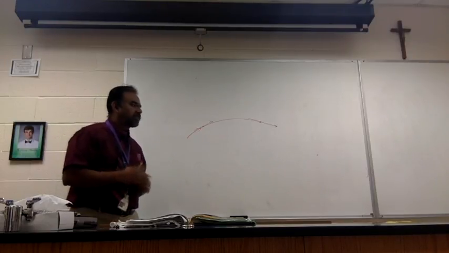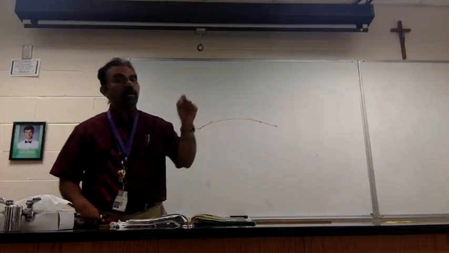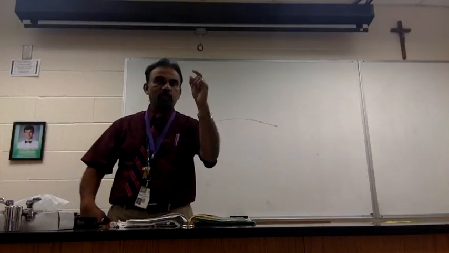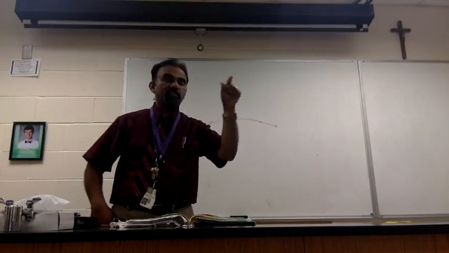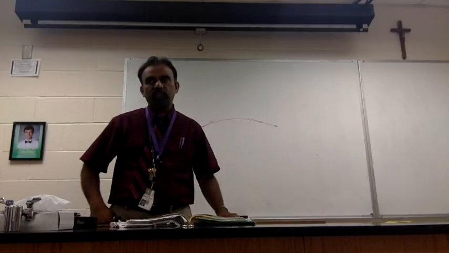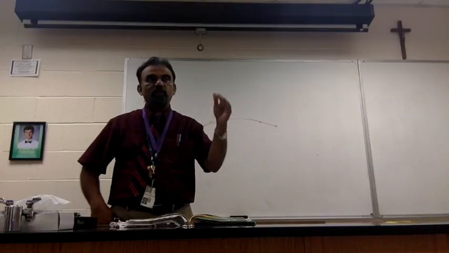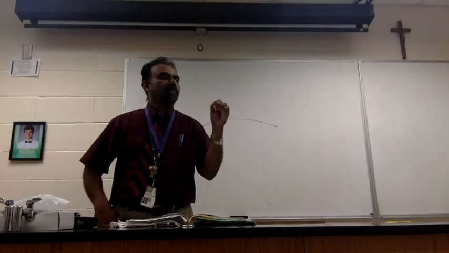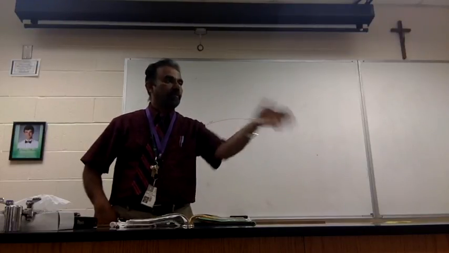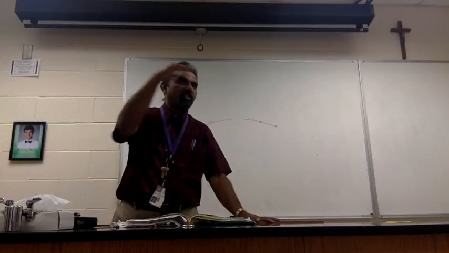And so the tangent to a point on a field line will tell you exactly the direction of the force at that point, or the direction of the electric field at that point, because it's a changing thing all the time.